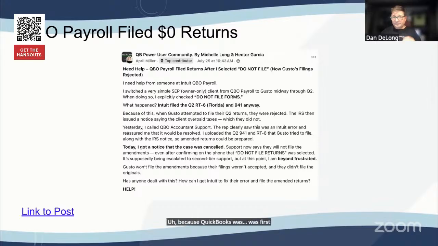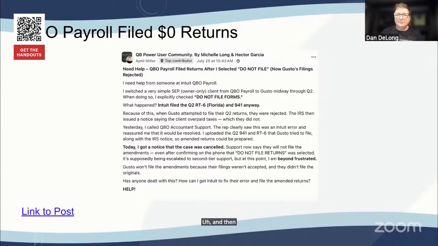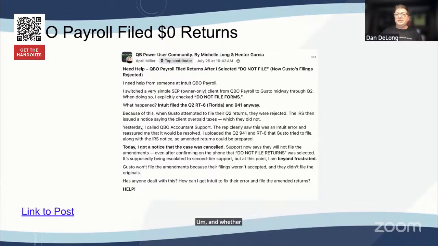So what ends up happening in this case is they had to do an amended return, and then it becomes a finger pointing situation between the two payroll services as to whose fault that was, and who's going to handle the amended return, right?